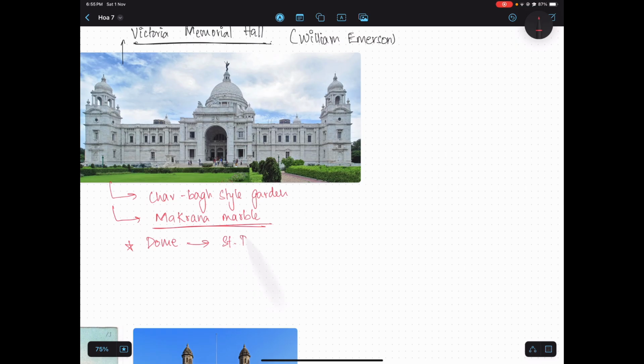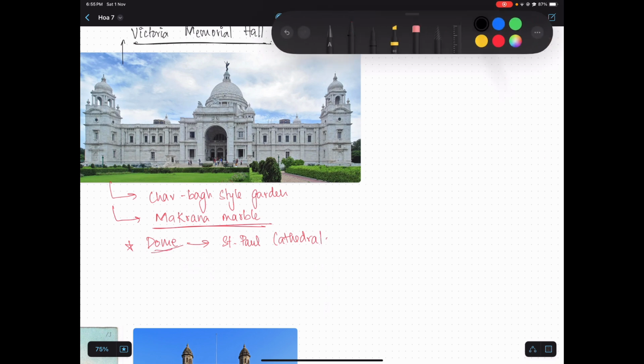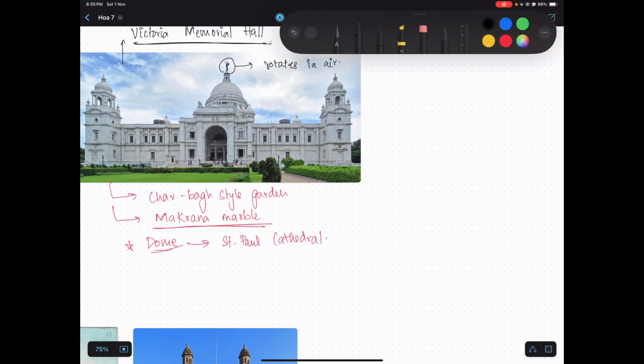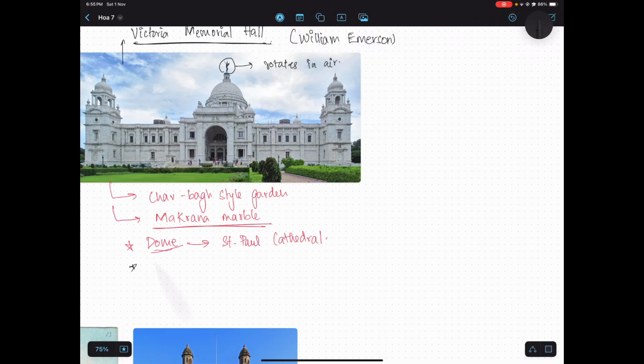And above this dome you can find a copper statue of victory which rotates in air. And they also used Corinthian columns. And so that's about our Victoria Memorial.